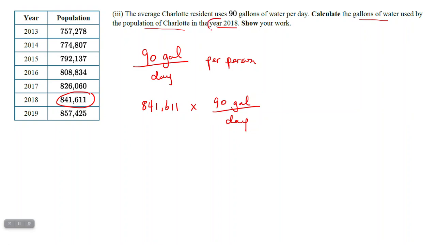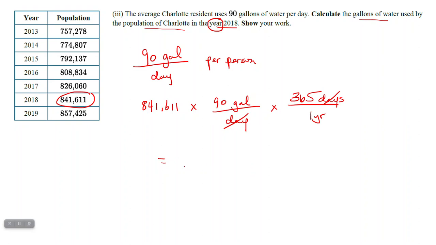But we need to do this for the entire year. So what we need to do is convert this from days to years. So we use another conversion factor of 365 days per year. What that'll do is allow me to cancel out my days, and then all I have to do is multiply this out, and I end up with an answer in gallons per year, and we're looking at a particular year.